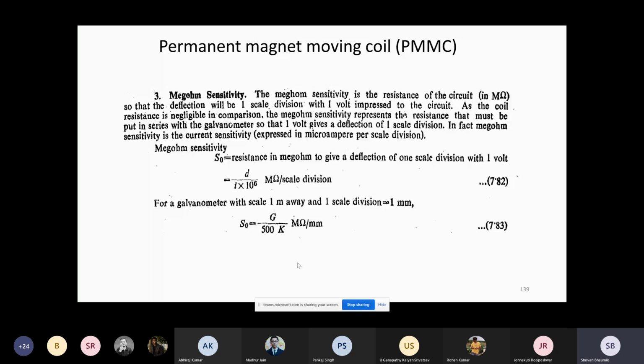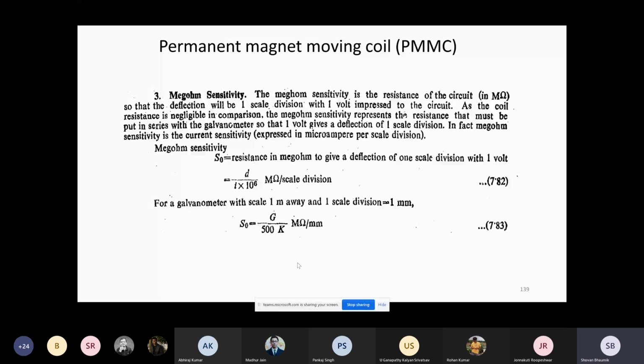So this is the deflection in scale for 1 megohm, and as the coil resistance is negligible, we can say that megohm sensitivity S0 equals the resistance in megohm to give a deflection of 1 scale division with 1 volt, which will be d by I into 10 to the power 6, which is megohm per scale. For the galvanometer with scale 1 meter away, similarly we will get G by 500K.